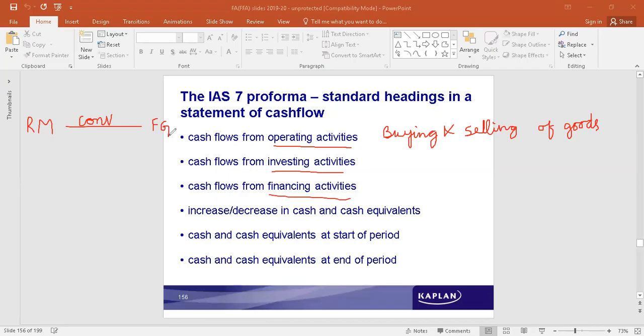So conversion activity is about production, manufacturing of the goods. Anything related to manufacturing, production of the goods, anything related to factory activities, all will be part of operating activities. So buying of raw material, then any expenses incurred in the factory, all will be part of operating activities.